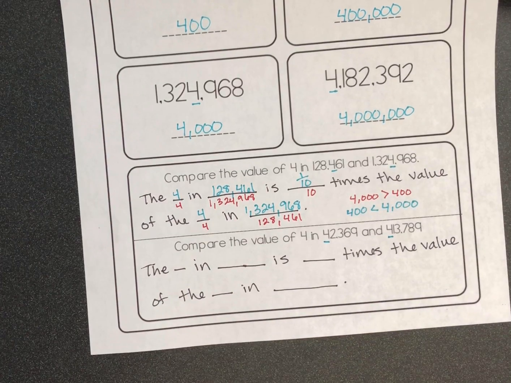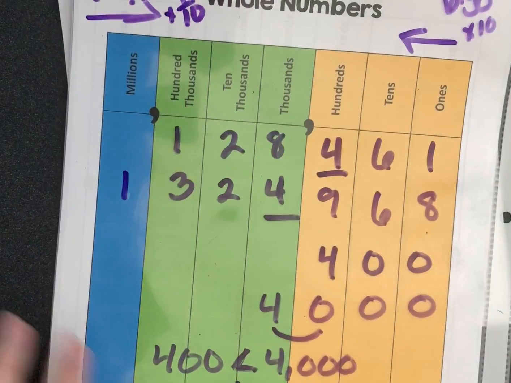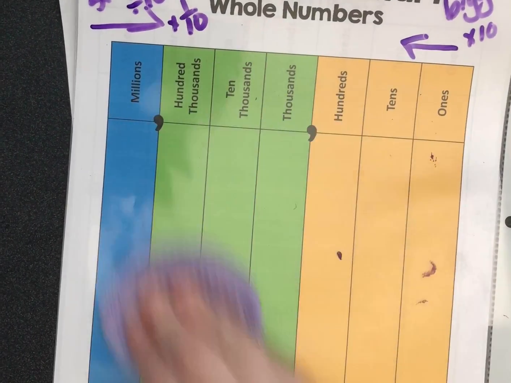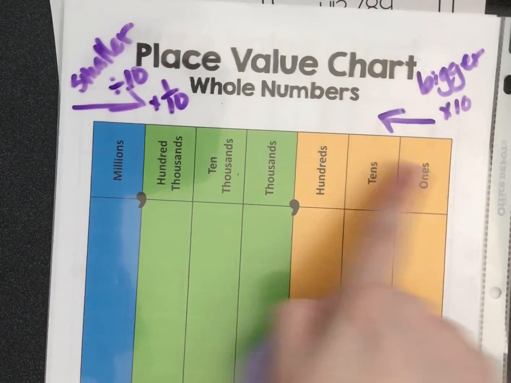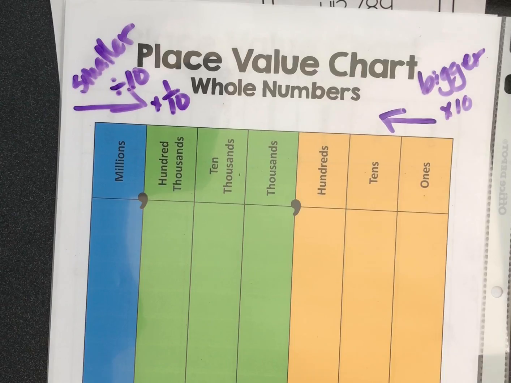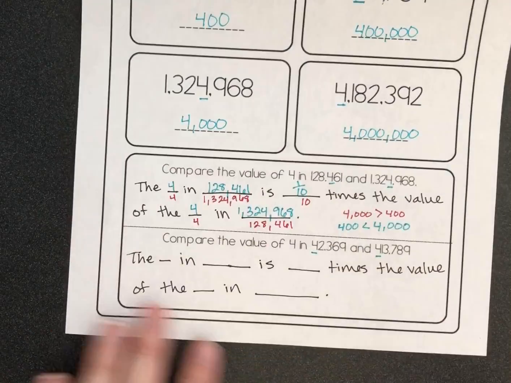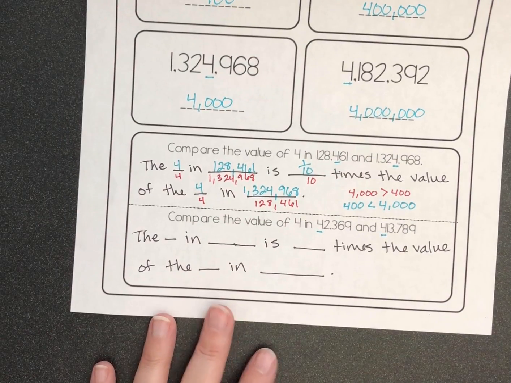Okay, so let me look at that first on my place value chart. So I'm going to erase my one from last time. I'm going to keep my little notes at the top to remember my smaller and bigger. That helps me to remember that. And we could even take this out of the plastic sheet and write it on there so it's permanent.